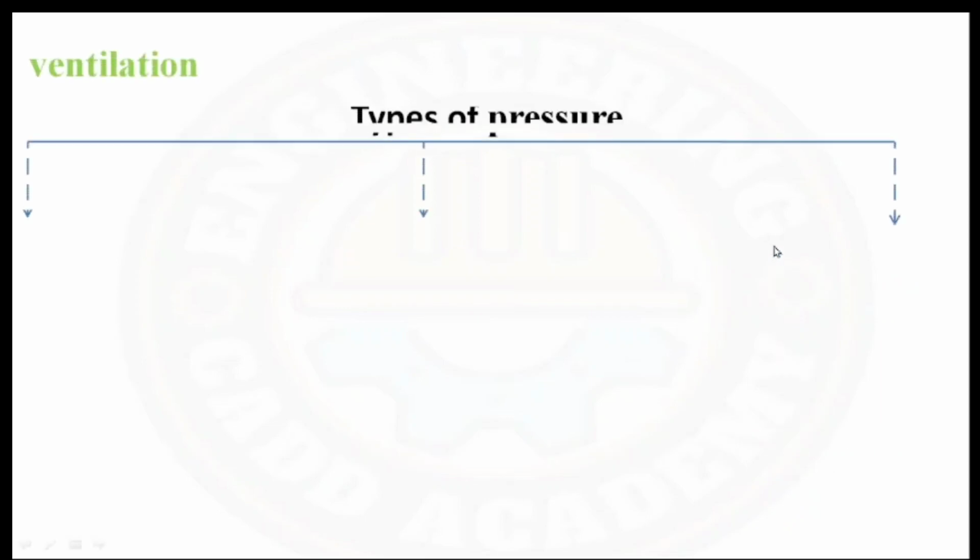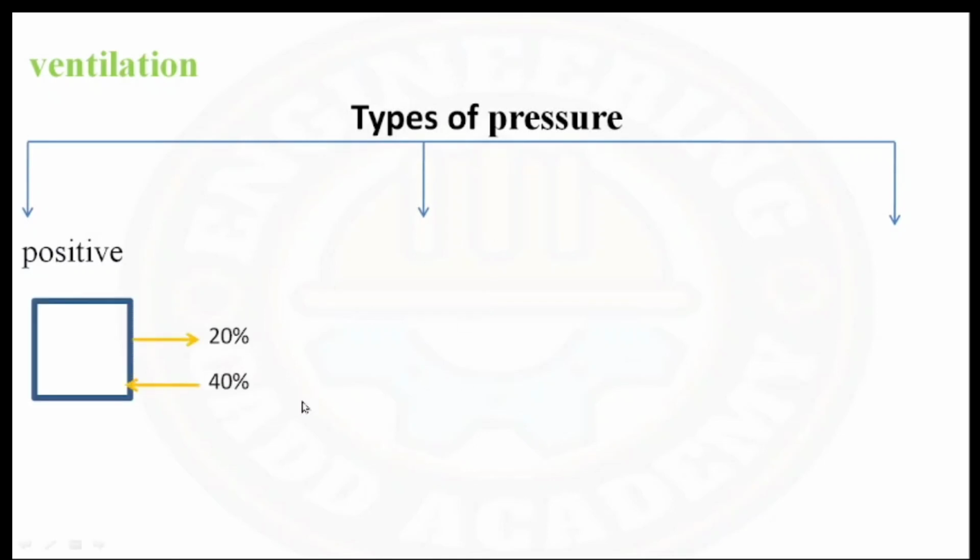Now, based on this, ventilation again has types depending upon the types of pressures. One is positive pressure. What does positive pressure mean? From here the return is 20% and supply is 40%.